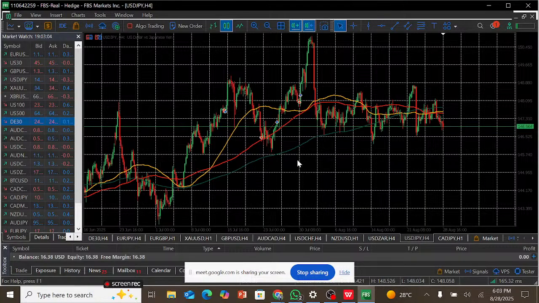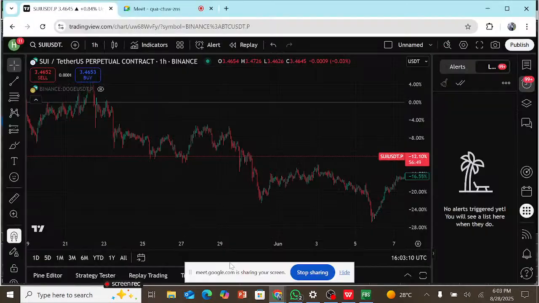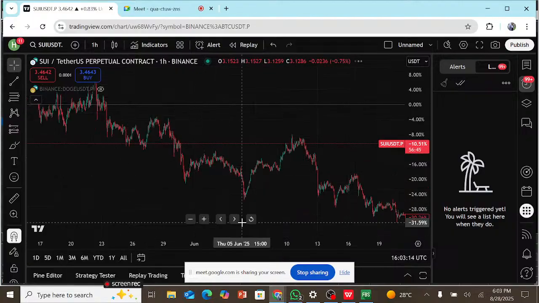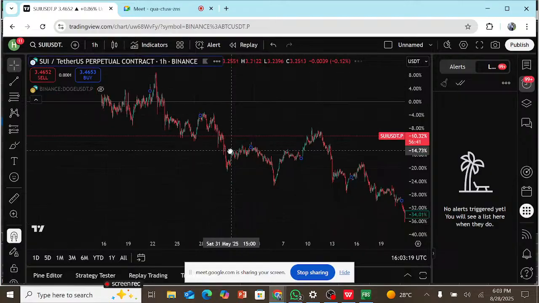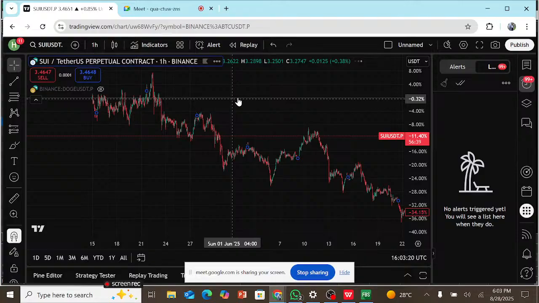I wanted you to know those forms so that whenever you look at your chart, you understand what might be going on in the market.